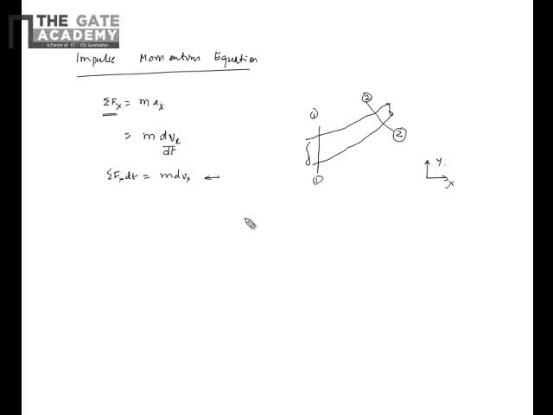This is the beginning of your impulse momentum principle. That is, the left side is called impulse and the right side is called change in momentum. In terms of fluid, we do it in a different way. Sigma Fx, this entire quantity is represented like this, mass by dt.